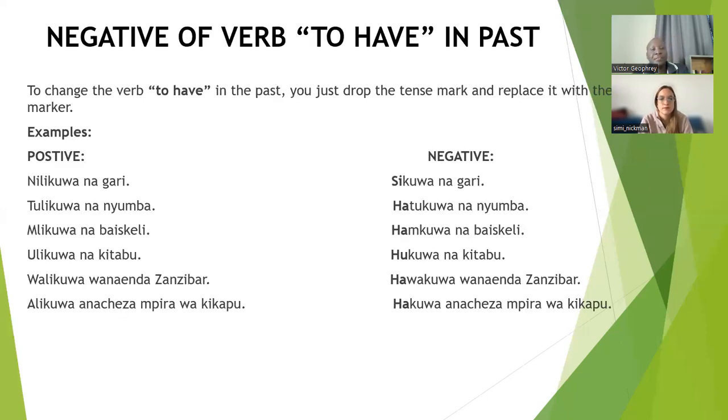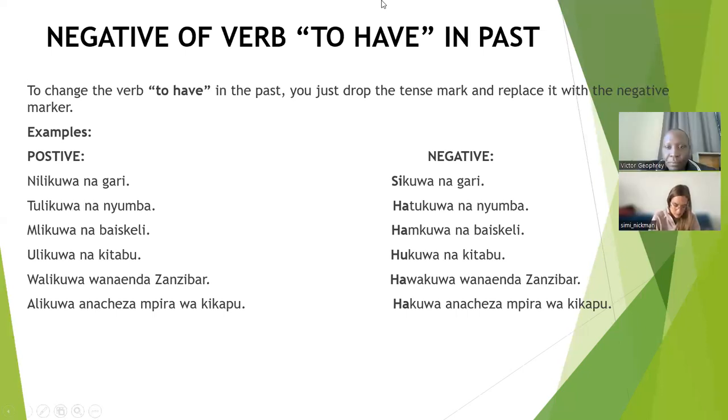Okay, now let's see the negative of the verb to have in the past. What happens when you change a sentence with the verb to have from positive to negative? You drop the tense marker, and that tense marker is replaced by the negative marker.